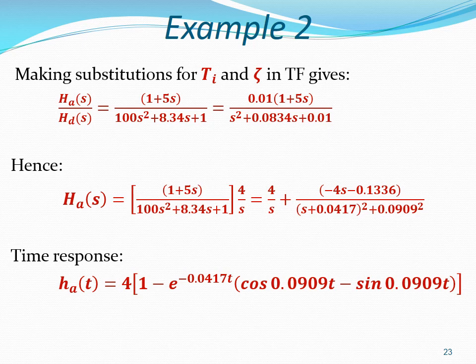We then perform inverse Laplace transformation to obtain the time response expression in the time domain. We obtain the expression shown. The expression shows that the response is decaying oscillations.